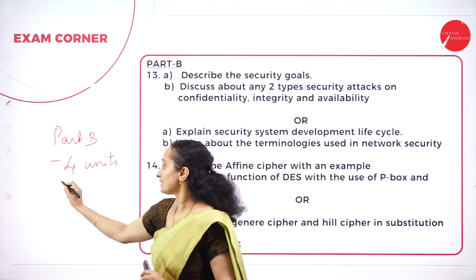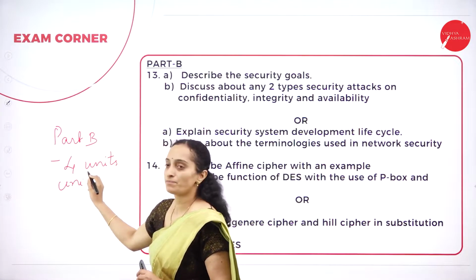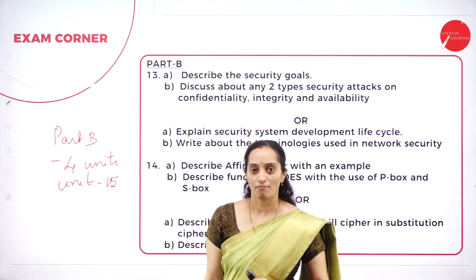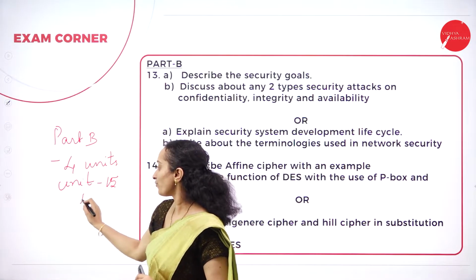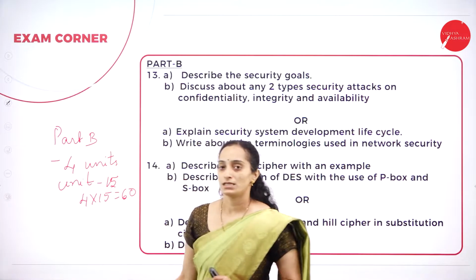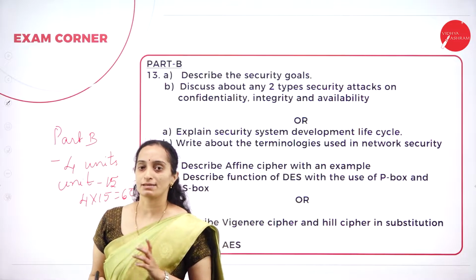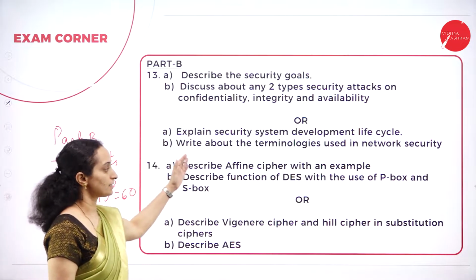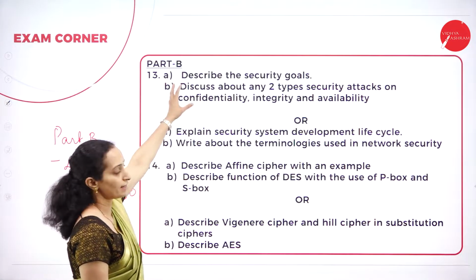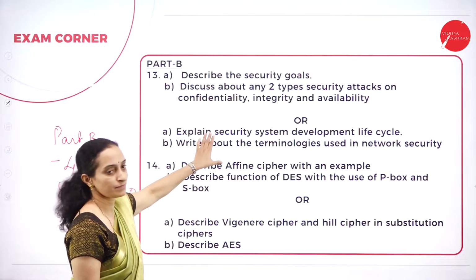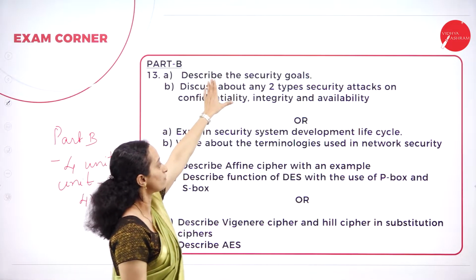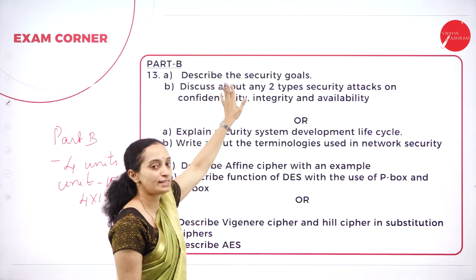Each unit will have questions covering 15 marks. 4 units, that is 4 into 15 equals 60. You can get 60 marks. So this is the question paper pattern you can have. Here we'll have 2 sets. You'll get 2 sets of questions where you have to answer one full set.